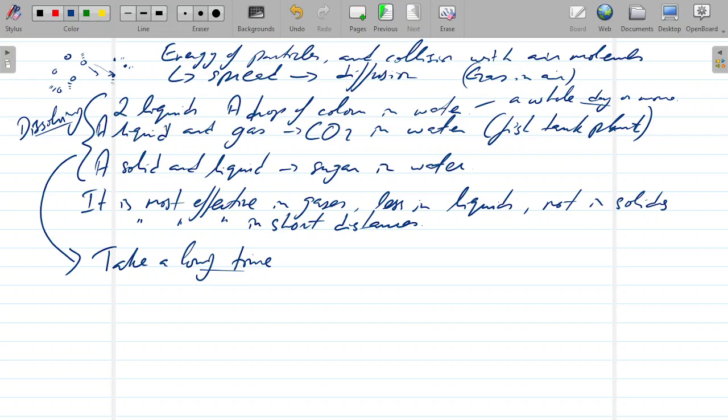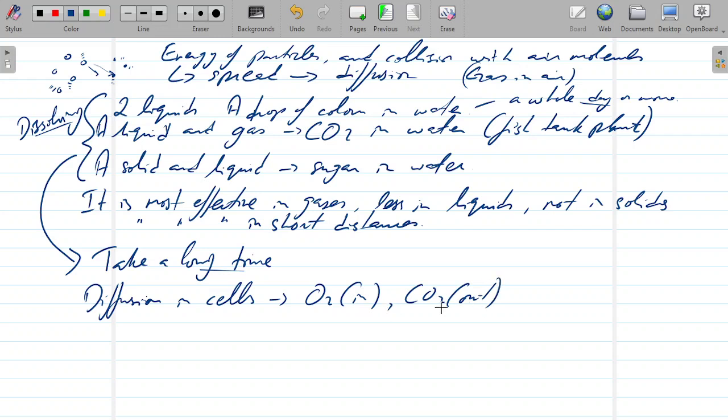And so we will study how in biological systems diffusion is made to be an efficient process. So things that diffuse, for example, into and out of cells: oxygen going in, carbon dioxide coming out, water, nutrients, and all sorts of other things.